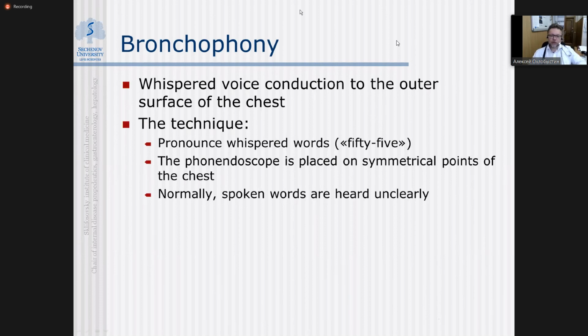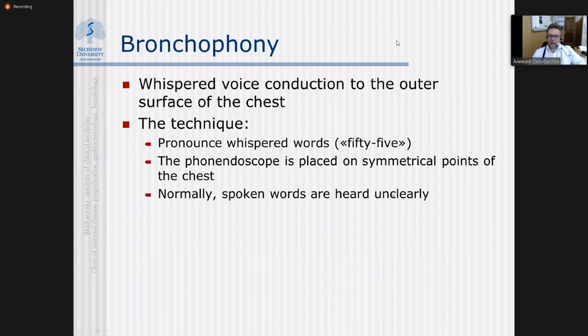So the patient should use loud whispering. The patient typically will say 55, and you assess in the same sites as for other auscultation, trying to understand what the patient is saying. If you are able to understand that the patient is saying 55 while whispering, it means that the conduction of the sound is increased.